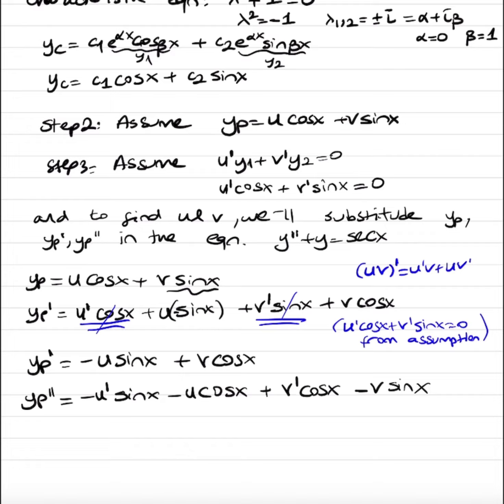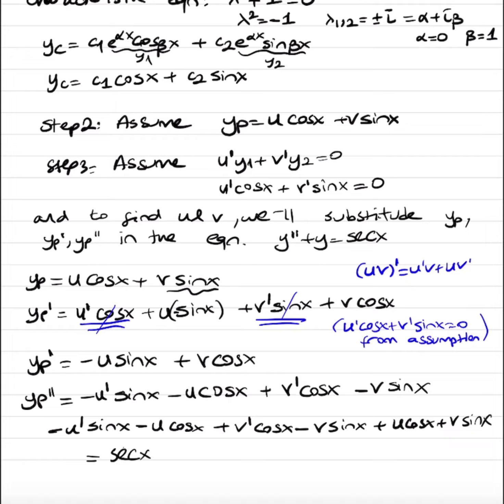Okay, great. So let's substitute in the equation. We have u prime sine x minus u cosine x plus v prime cosine x minus v sine x. So this is yp double prime, plus yp, so u cosine x plus v sine x, and this is equal to secant x.